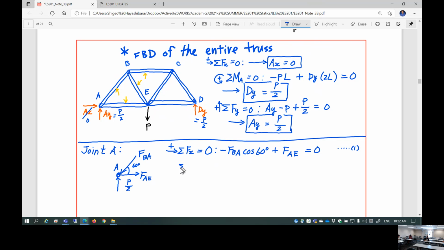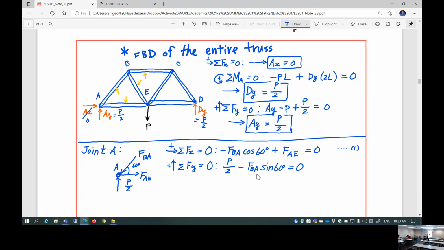Now, next is summation of force in Y direction. Let's say this is a positive Y, set equal to 0. Okay? This is half of P minus FBA sine 60 is equal to 0.